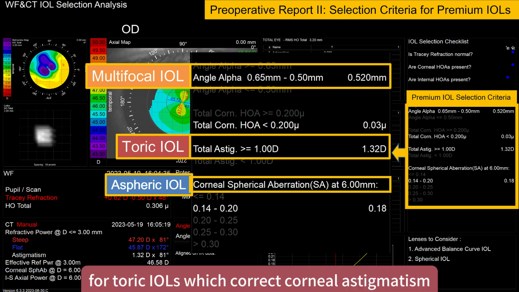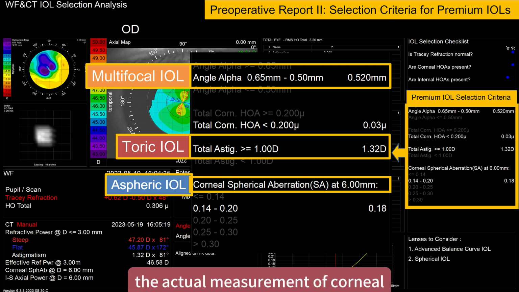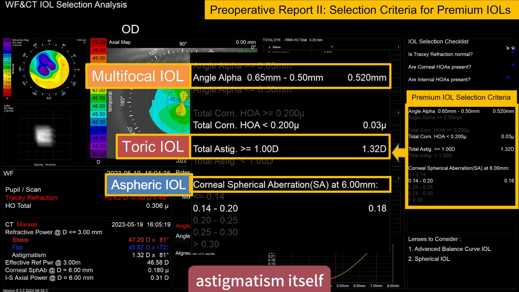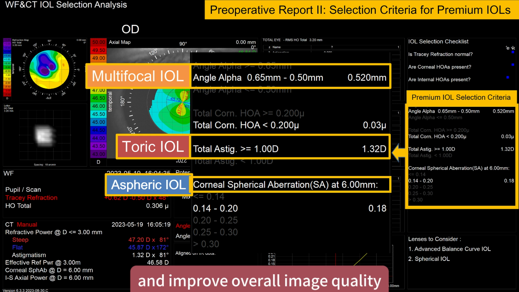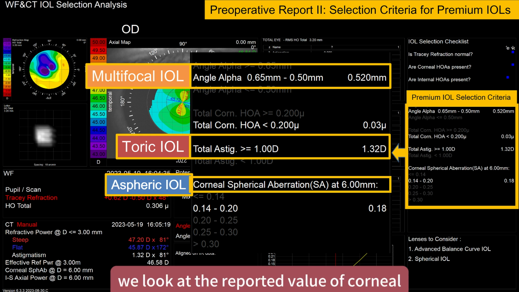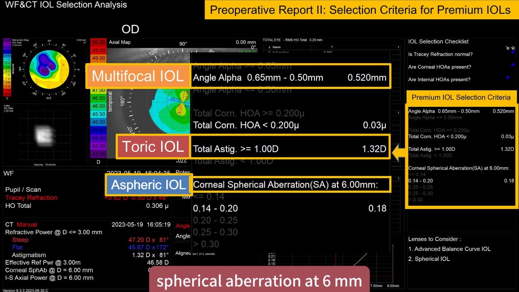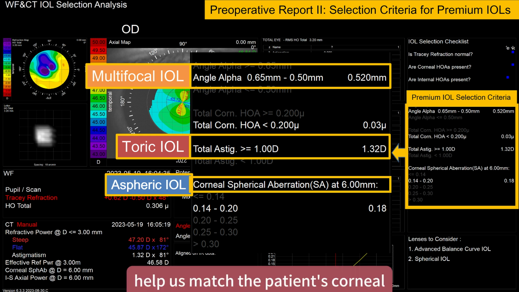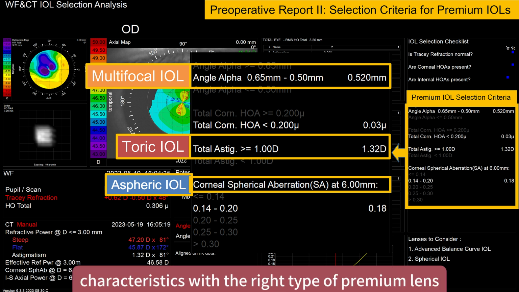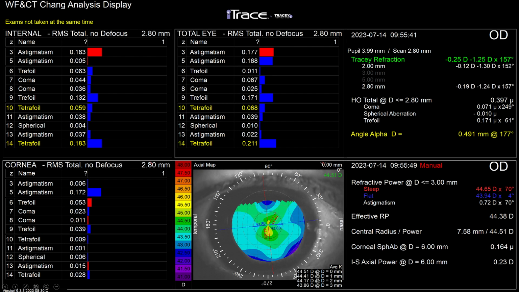For toric IOLs, which correct corneal astigmatism, the most critical factor is the actual measurement of corneal astigmatism itself. For aspheric IOLs, which aim to reduce spherical aberration and improve overall image quality, we look at the reported value of corneal spherical aberration at 6 mm. These 4 parameters help us match the patient's corneal characteristics with the right type of premium lens.